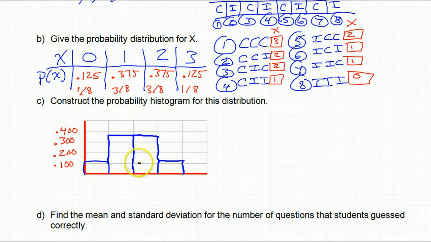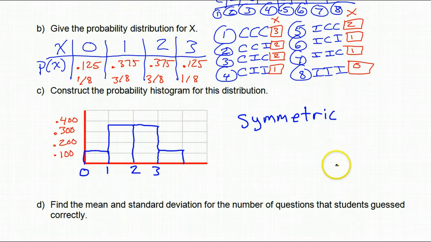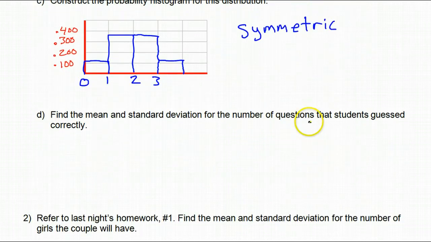So there's our histogram. Of course, this is symmetric, because it's got the balance thing happening. Oh, I forgot to put the numbers down here. This was 0, 1, 2, 3, by the way.